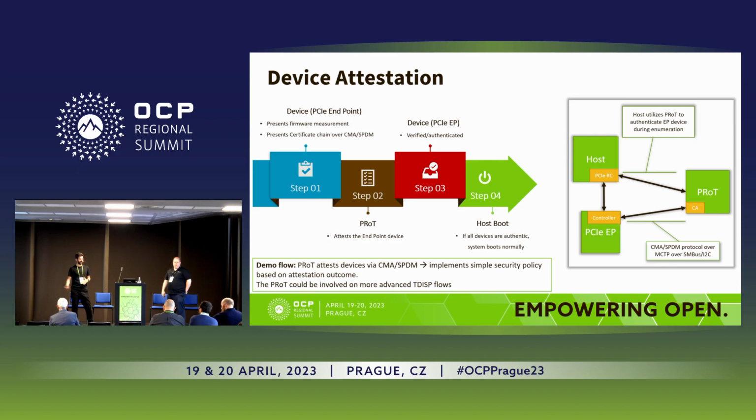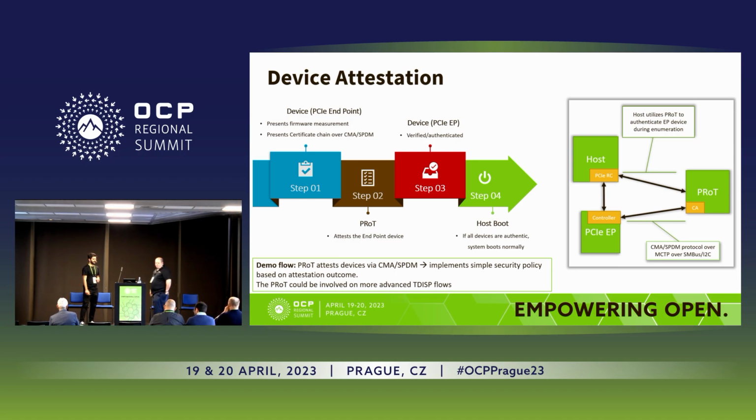On step 3, the platform root of trust is going to determine whether it trusts the different PCI endpoints, and this brings us to step 4, where later on, when the system has booted up until a particular point, the host is going to communicate with the PRoT in a secure channel and ask whether the different devices are trusted. And if they are, then the system just continues on booting normally.